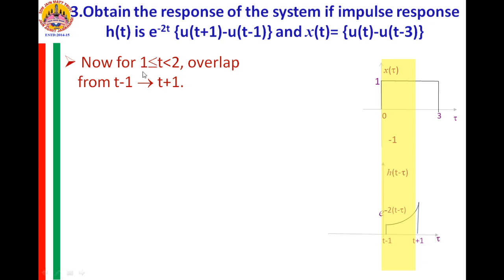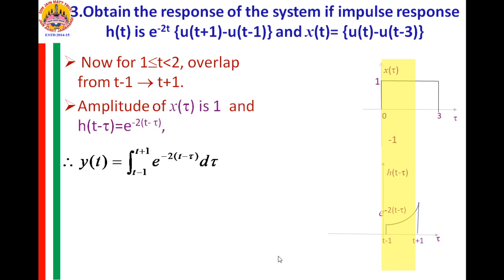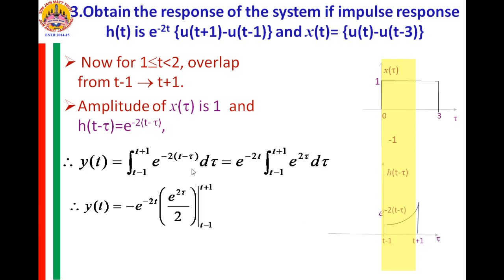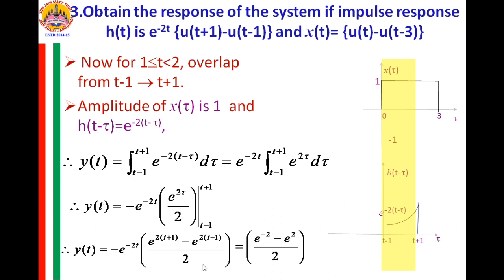So from t equal to 1 onwards up to 2, this entire width of 2 duration of h of t minus tau overlaps with x of tau, and the overlapping is from t minus 1 to t plus 1, and the amplitudes of these two are the same. We have to evaluate and substitute the limits of integration, and you observe that y of t is obtained when I multiply inside this bracket.